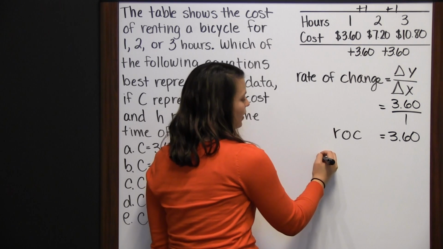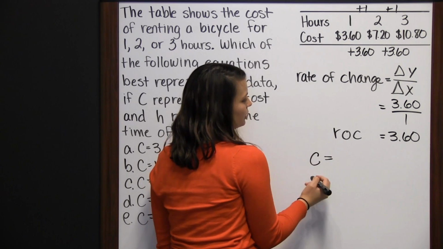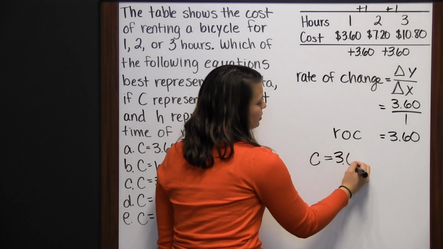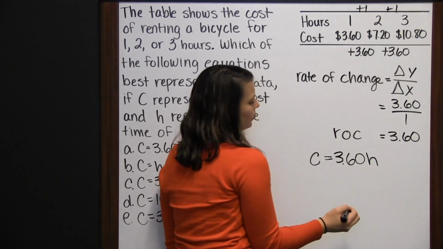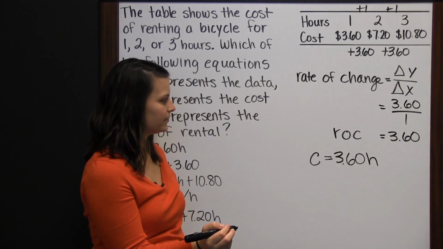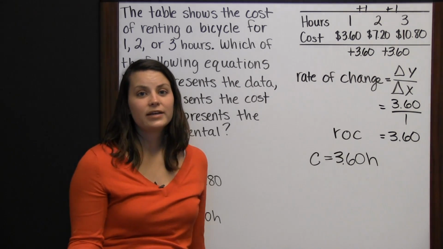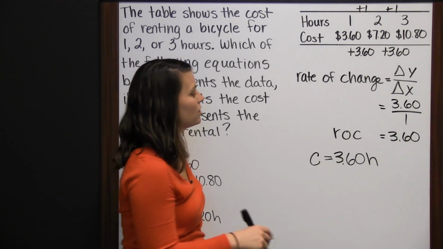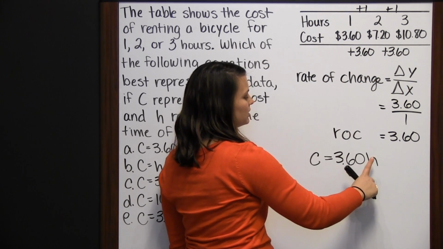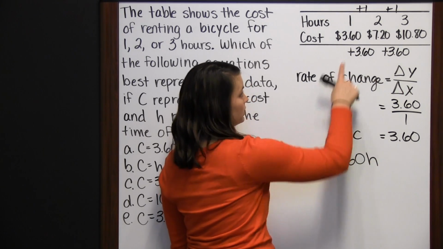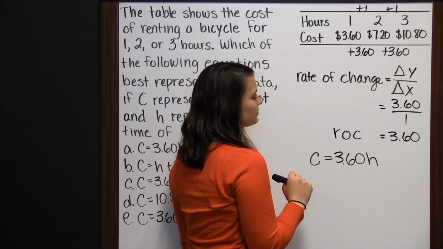So I've now found that the cost is equal to $3.60 times my independent variable of H. And then we can check and see if it works. So let's replace H with 1. $3.60 times 1 is $3.60.